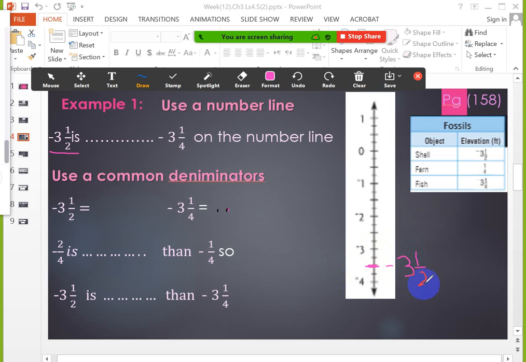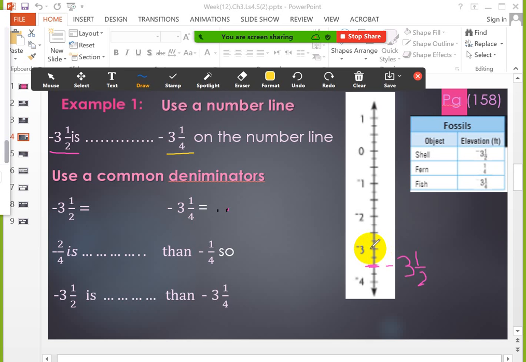Now I will change the color and choose yellow to represent this number, negative 3 and 1 over 4. Negative 3 and 1 over 4 will be between negative 3 and negative 4, of course. This is a mixed number. As I said last lesson, it will jump from 0 to negative 3. This is the whole part.